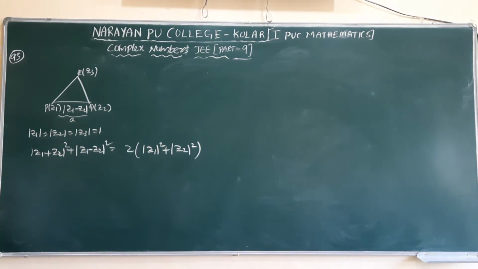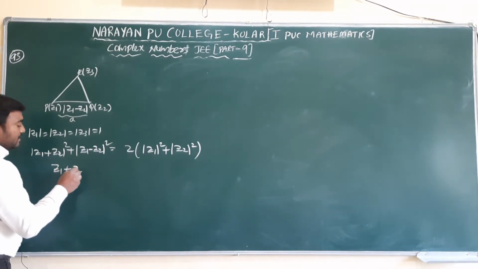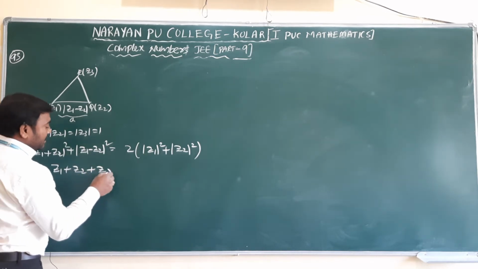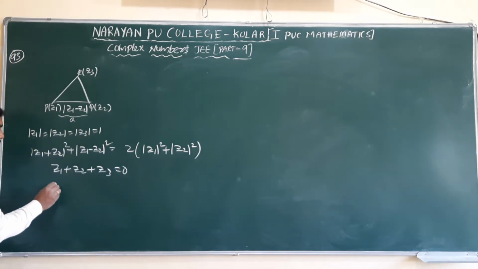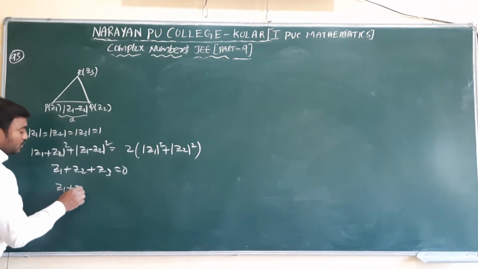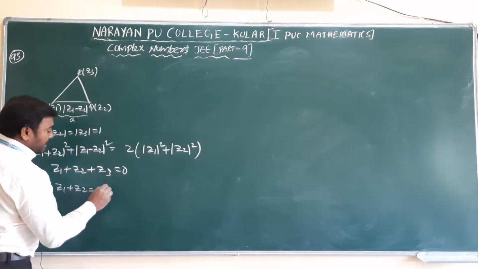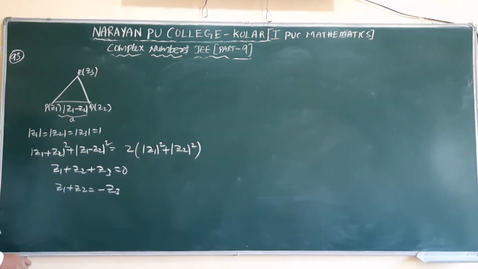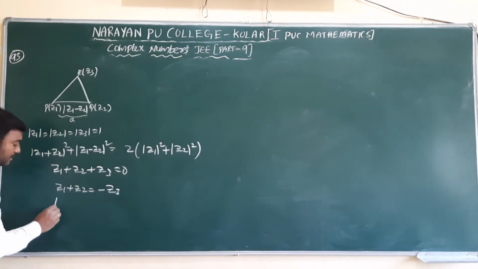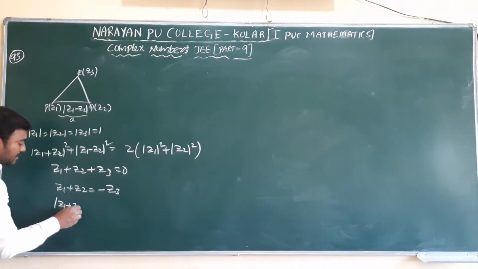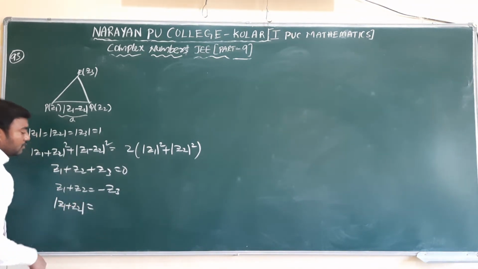Now it is given clearly z1 plus z2 plus z3 is equal to 0. Now z1 plus z2 is equal to minus z3. So applying modulus on both sides, modulus of z1 plus z2 is equal to modulus of z3.